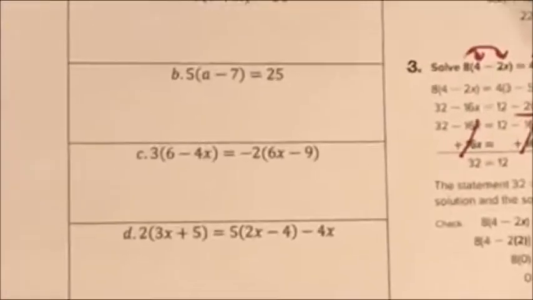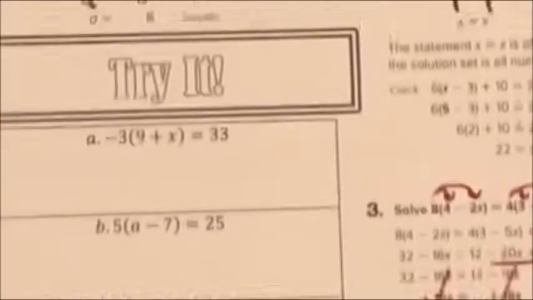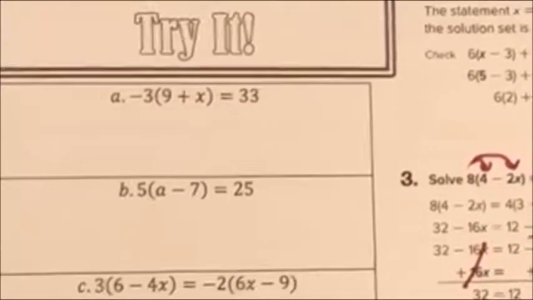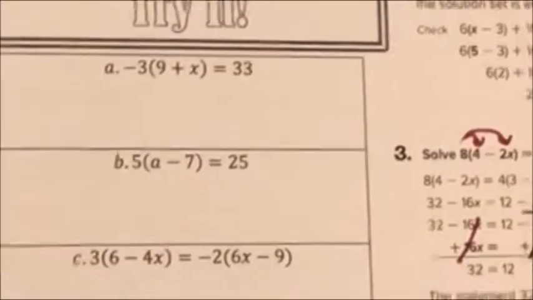Okay, the first one says A, negative 3 times the quantity 9 plus x equals 33. Okay, so the first thing I want to do is rewrite my equation.